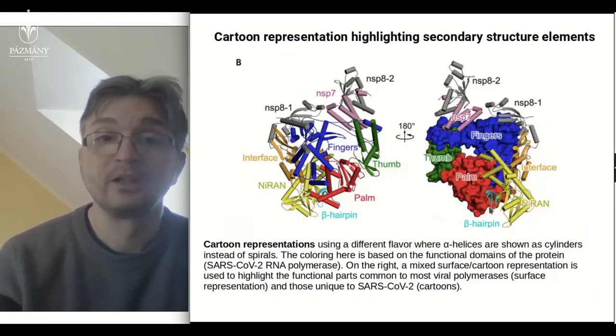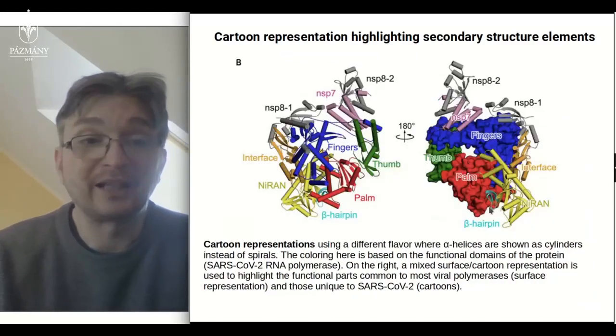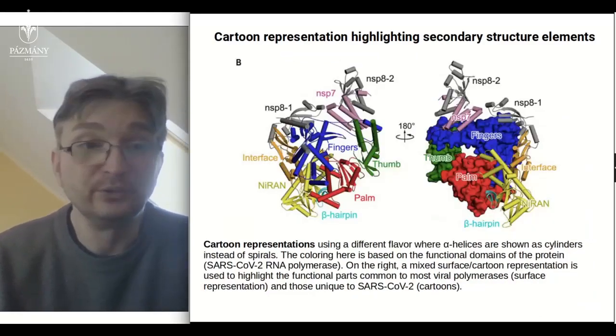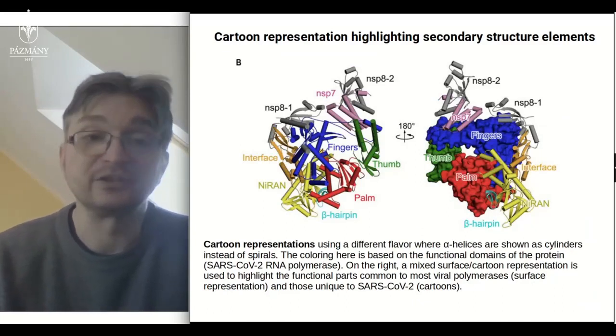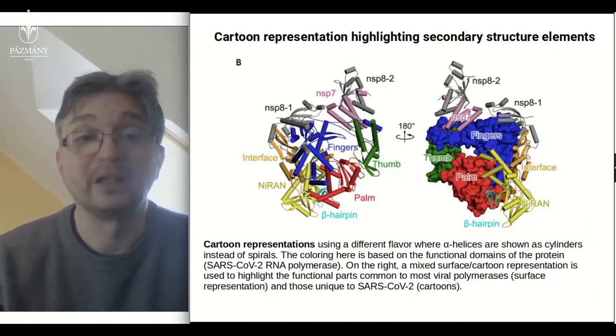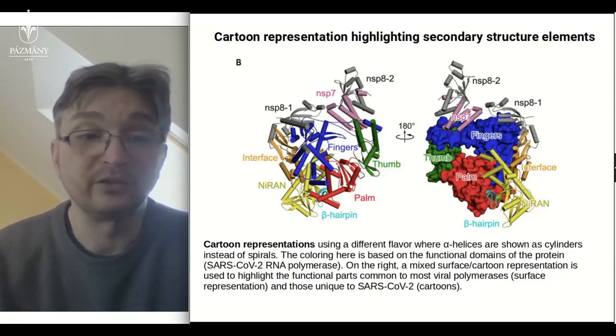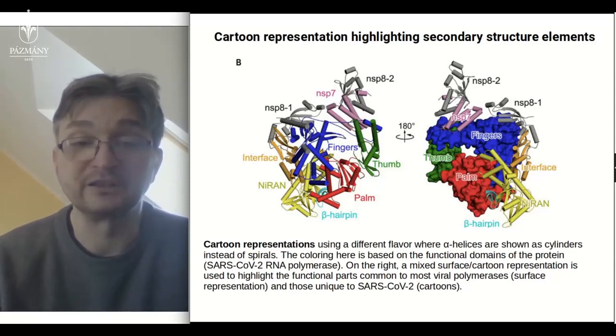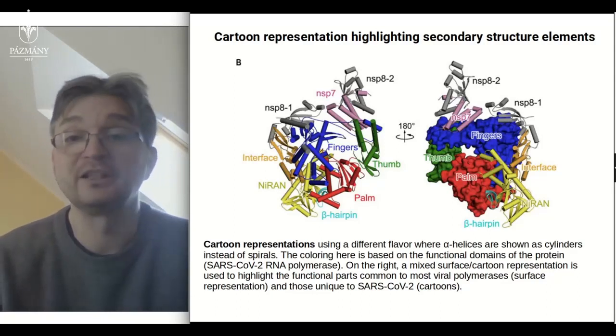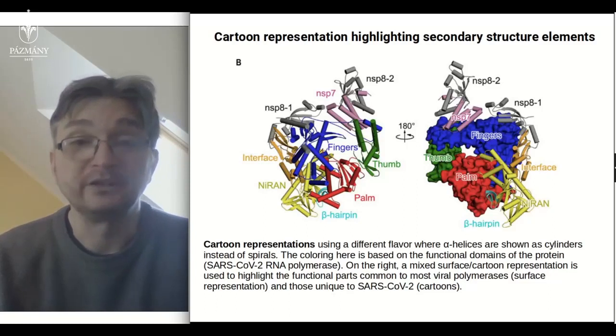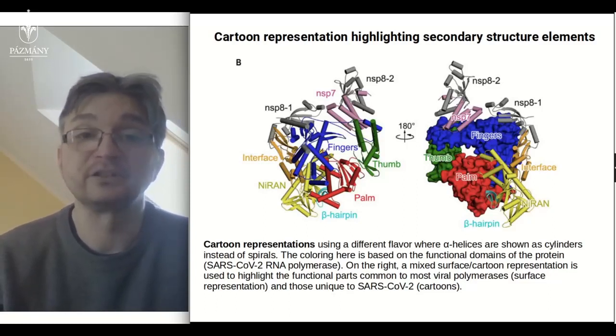Again, this is another kind of cartoon representation where we use these cylinders instead of the ribbons to depict alpha helices. This protein is again a protein of the SARS-CoV-2 virus. This is the RNA polymerase, and the coloring here is used to depict the different functional domains of this protein.